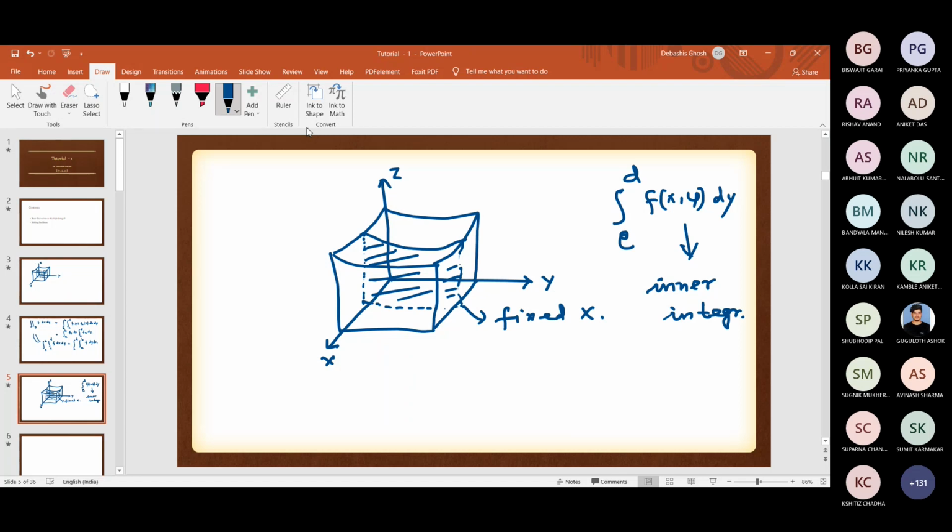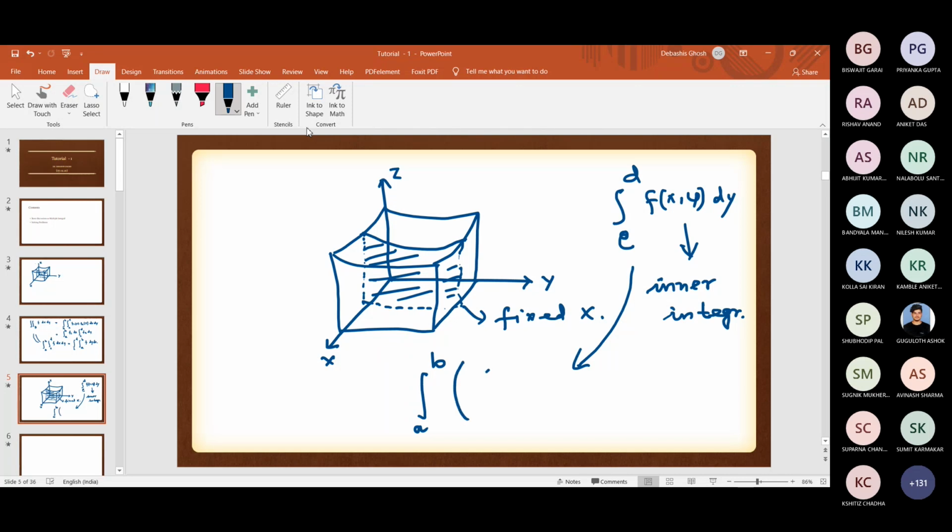Then we move this slice over the range of x from a to b, that means from this point to this point. We consider that integration for the values a to b.